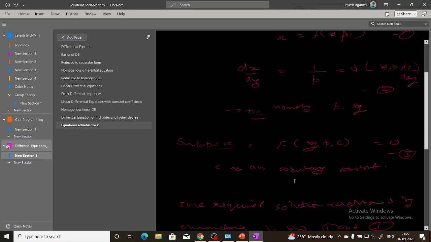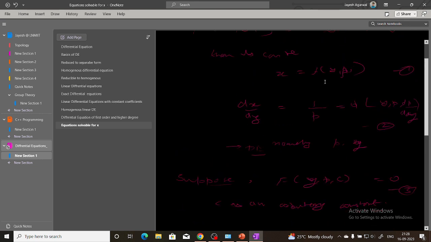Then the required solution can be obtained by eliminating p from 1 and 3. If I am able to eliminate p from f of y comma p and f of y comma p comma c, then we can directly obtain the solution of the required differential equation, right?